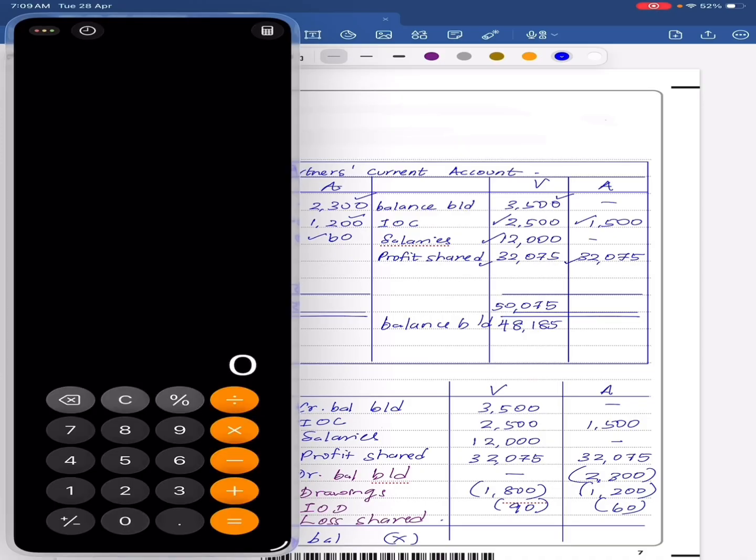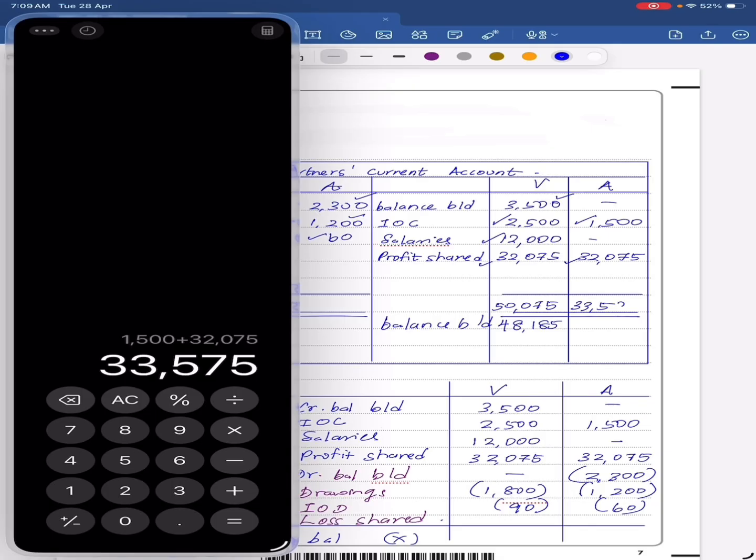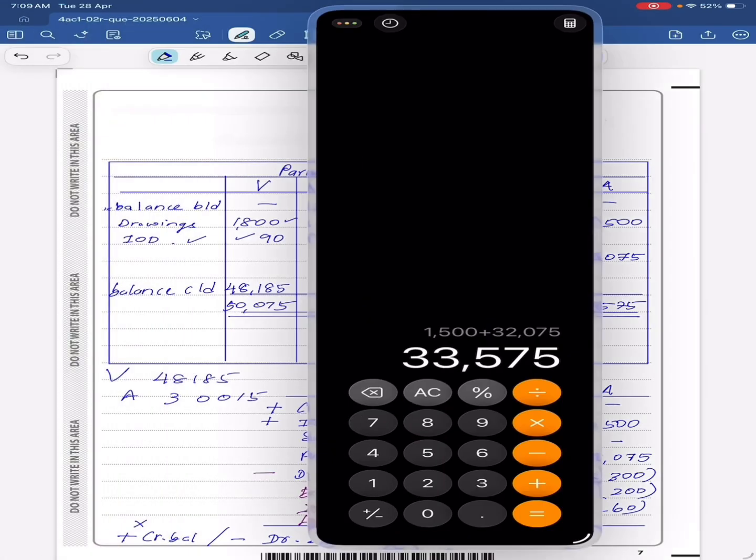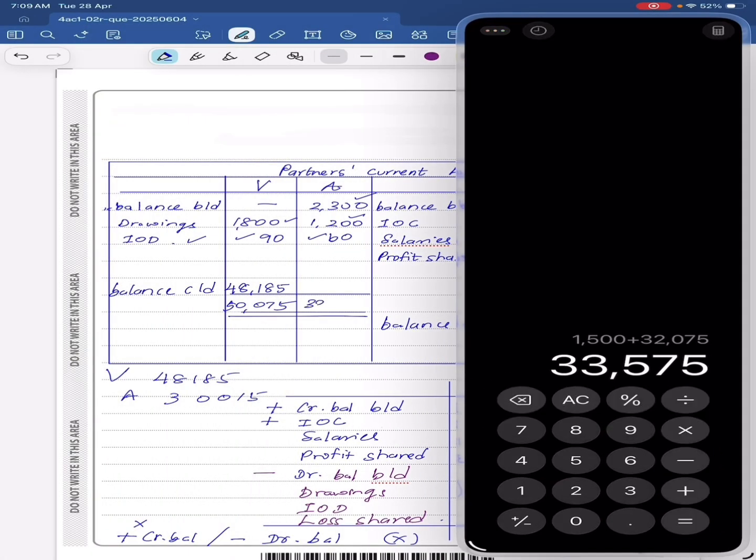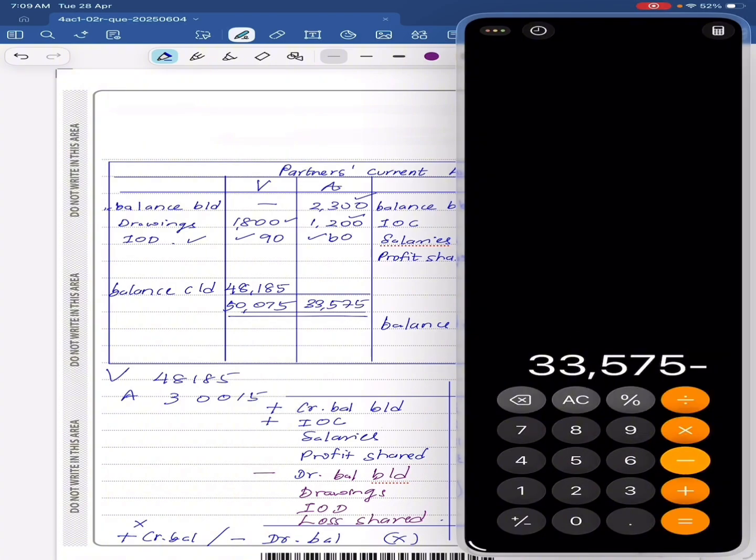Now let's balance Albert, 1,500 plus 32,075 on the credit side, which is 33,575. Same on the debit side, 33,575. From this, take away 2,300, take away 1,200, take away 60.